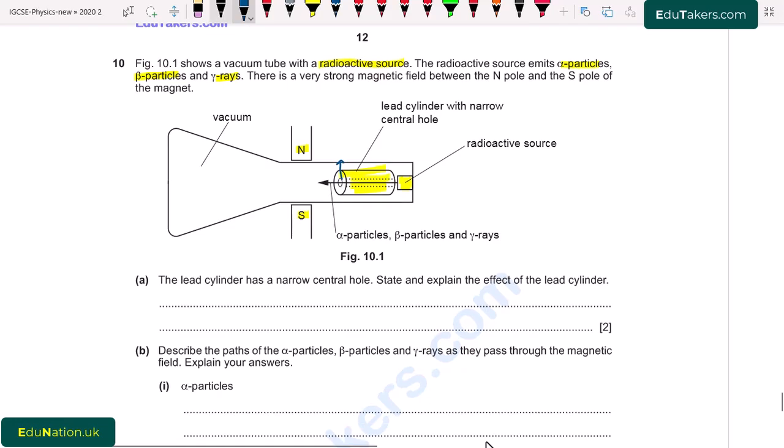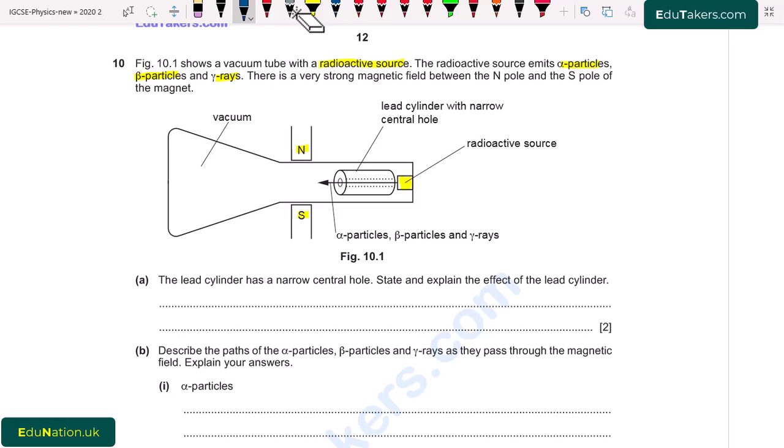So we have to explain its effect. Since it has a narrow central hole, the beam will be narrow because it is very small. The beam will be narrow and emitted in a straight line. You can see from here that the beam is coming in a straight line.